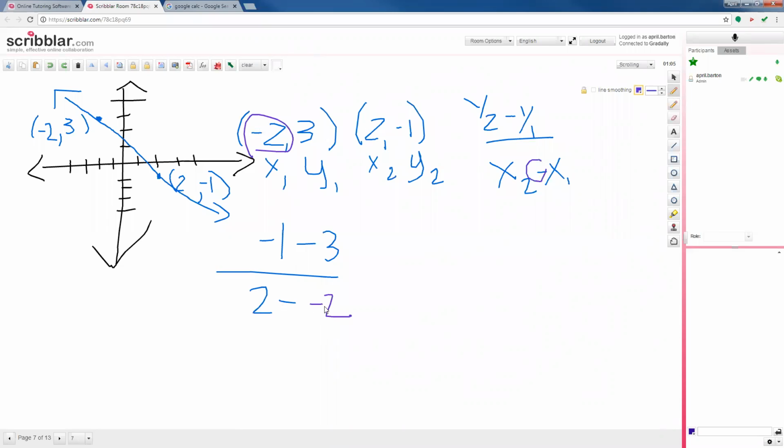We have 2 minus -2. And we saw before what happens when you have a negative directly next to a negative. What's that change to? A positive. A couple people answered and you're both right. Plus, changes to plus or a positive. So this is -1 minus 3 over 2 plus 2.